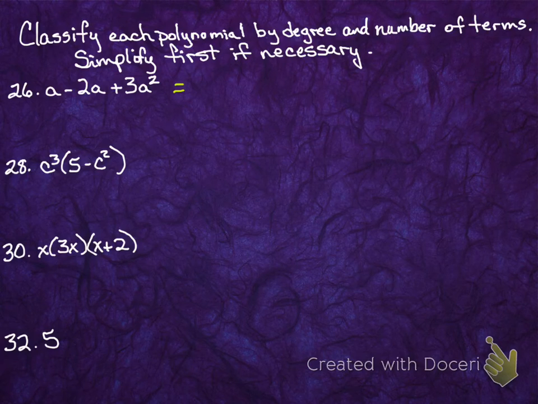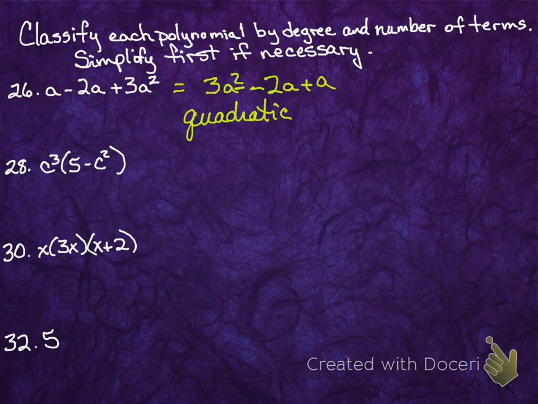We're going to put that in order and we're going to say 3a squared minus 2a plus a. And that gets it in standard form. It's squared, so it's quadratic. And this is 1, 2, 3 terms, so it is a quadratic trinomial.